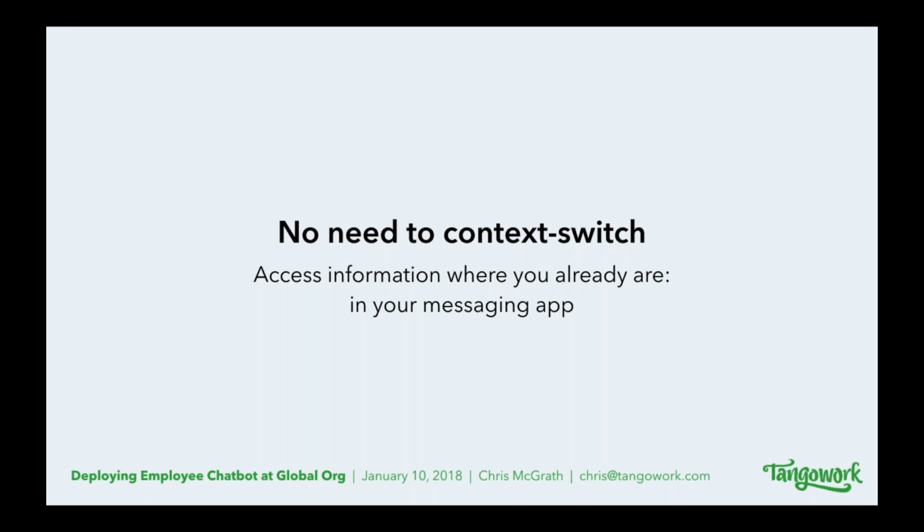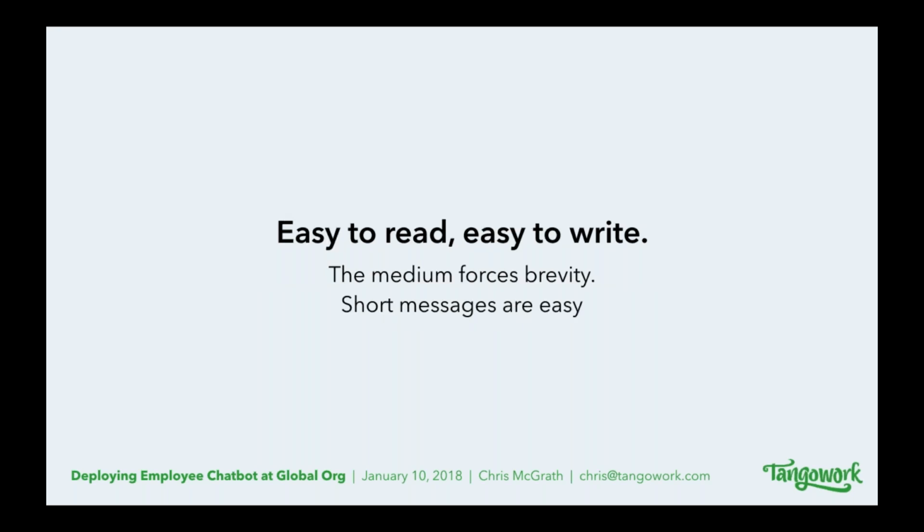Why are we moving? What's the name of the Wi-Fi network? How do I book a meeting room? And so on. Another consideration for them is that because the medium forces brevity, you can't be long within a chatbot. Those messages are easy to read and easy to write. And so that was compelling.